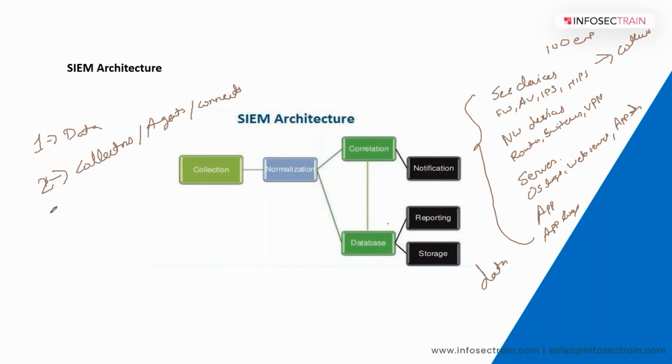After that, at the third point, we have the central engine. What the central engine does is correlation. First collect the data, then normalization, which has been done by the agents.